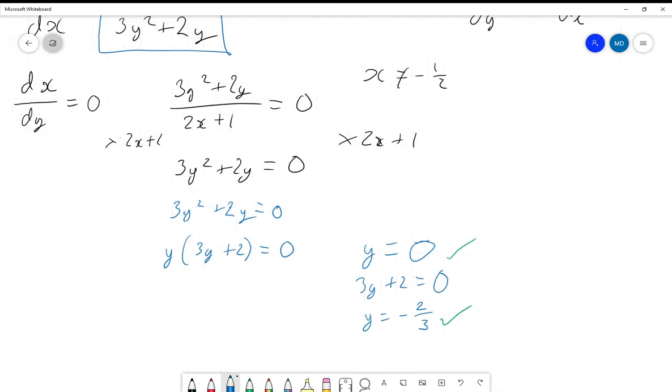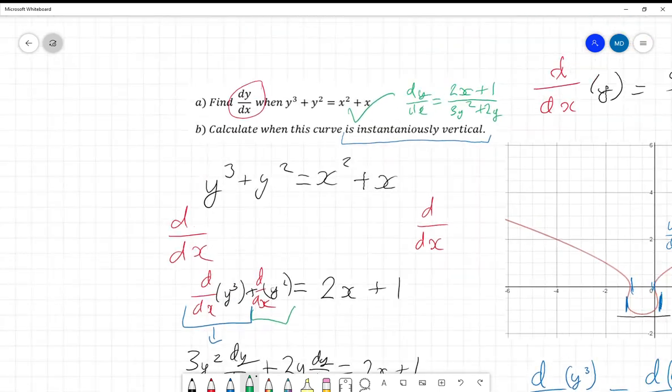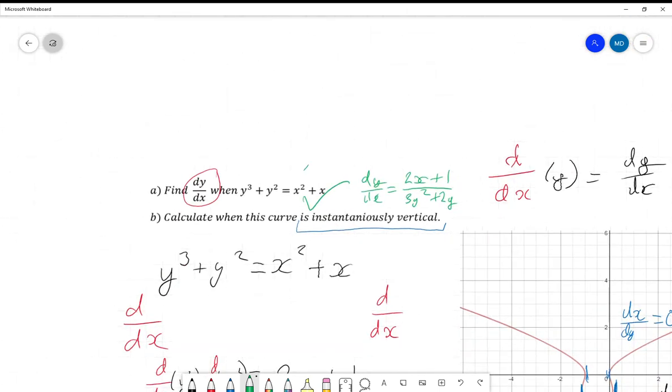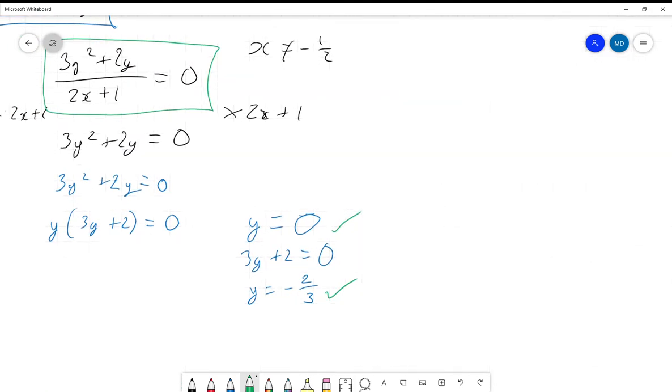So where are we going to go to find the x values? It's very, very tempting to go back to this, but remember this is the gradient curve, not the equation of the curve itself. What we want to do is go all the way back to this original point. So we've got these two values of y equals 0 and y equals negative 2/3, and we want to put those into y cubed plus y squared is equal to x squared plus x.